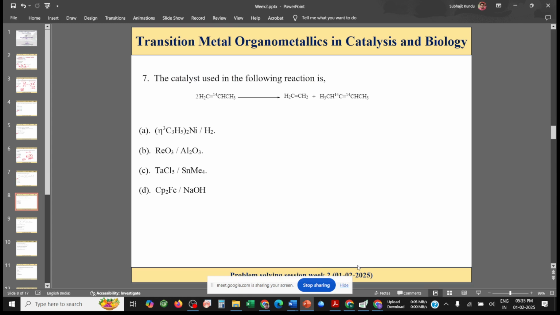The catalyst used in the following reaction is... Which catalyst is used for the following transformation reaction?